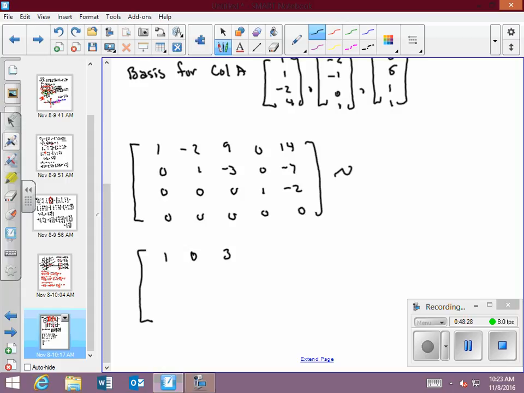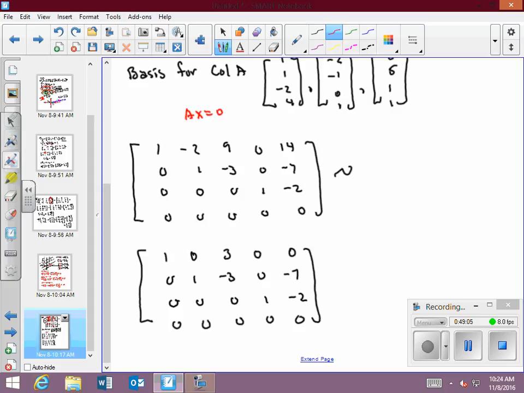This is 3, 0, 2, 0, and it's 0, 1, 3, 0, minus 7, 0, 0, 1, minus 2. Now technically what I've got is AX equals 0. So I really augmented this thing with zeros.